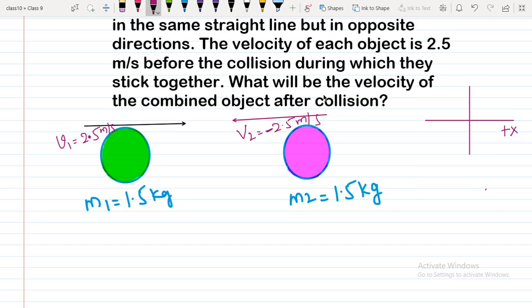But the other ball is moving in the opposite direction, along the negative x-axis. So that's why this ball's velocity we should take as negative. This is very, very important. So this is the situation before collision. Before collision, they have their mass and velocity.